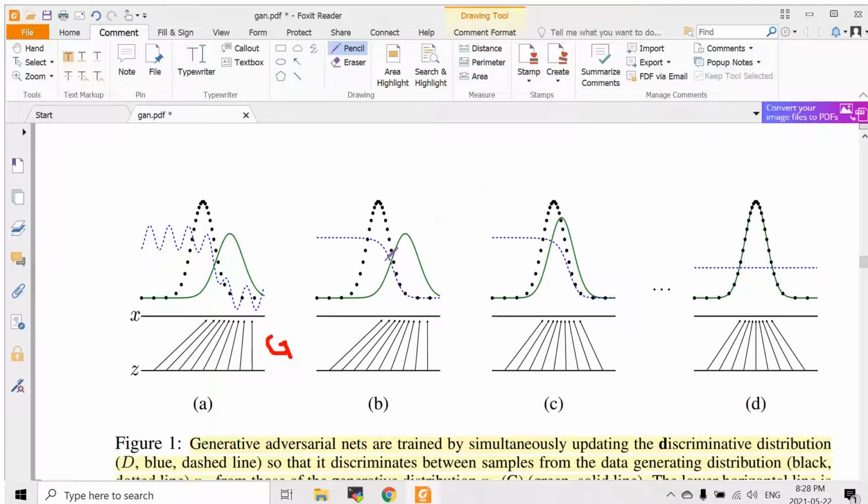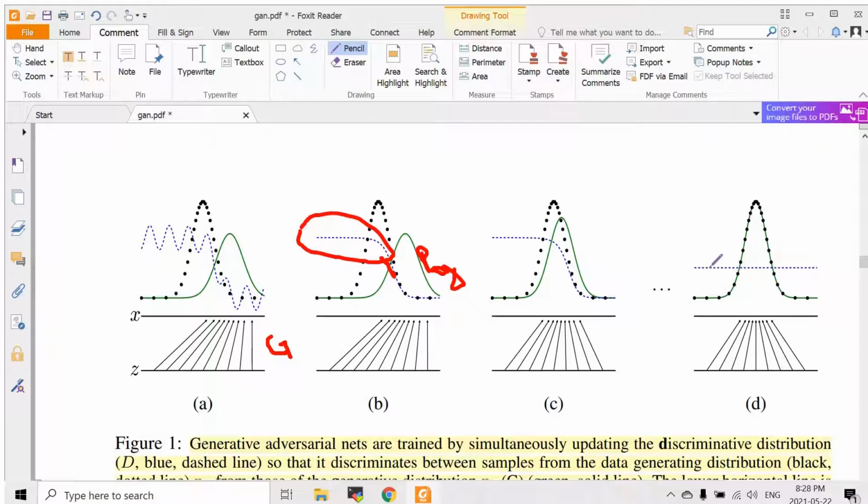So this value here, if we go to the left, you can see the discriminator's value is increasing towards the left. So you want your PG to also move towards the left, because that's where the discriminator is leading it.